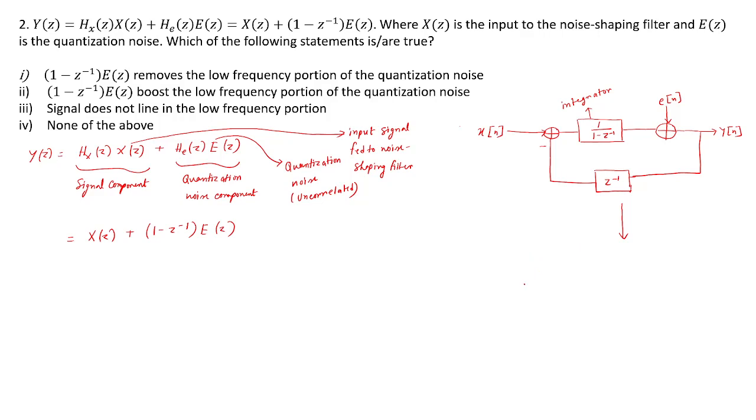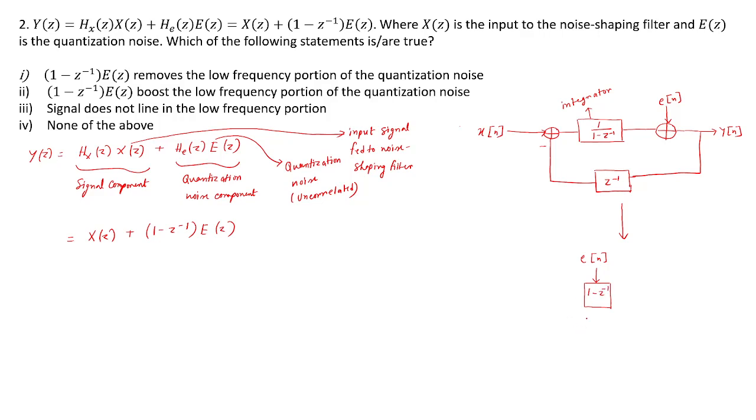You have this noise e[n] that is being fed to this block with transfer function 1 minus z inverse.